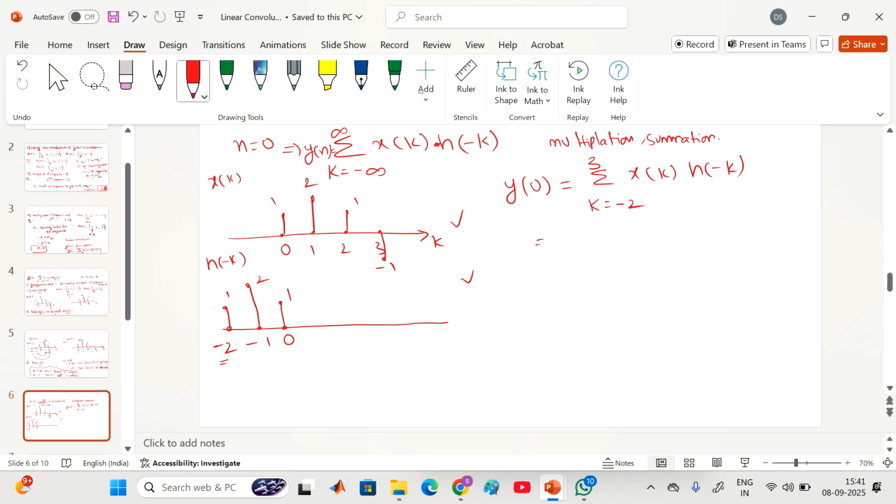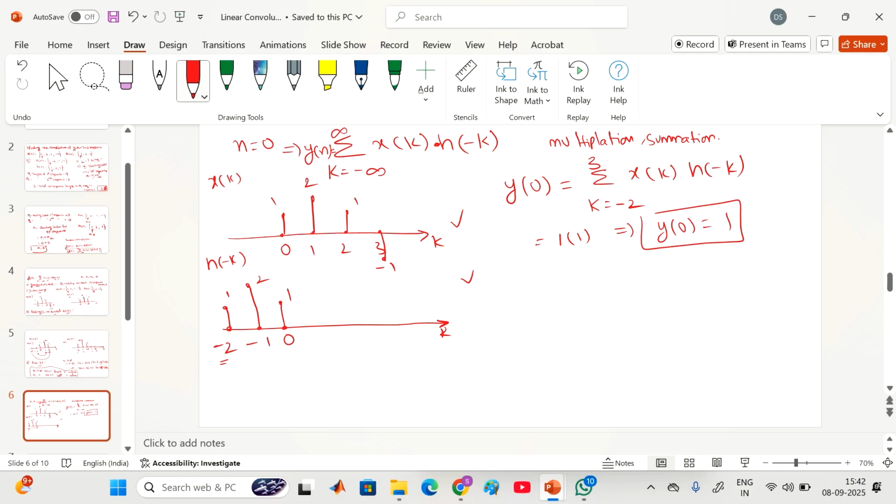If I look at the combinations of these two sequences, I have only one common point, at k equal to 0. So if I multiply, I get y of 0 equals 1. This is the first output value, for k equal to 0, or n equal to 0.